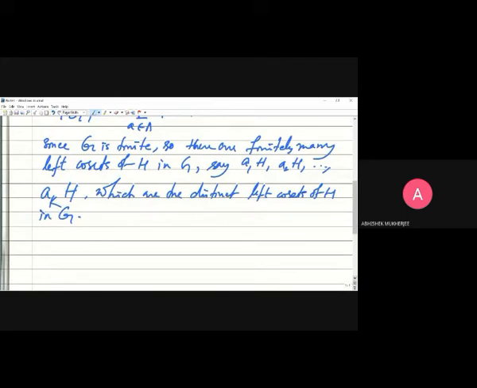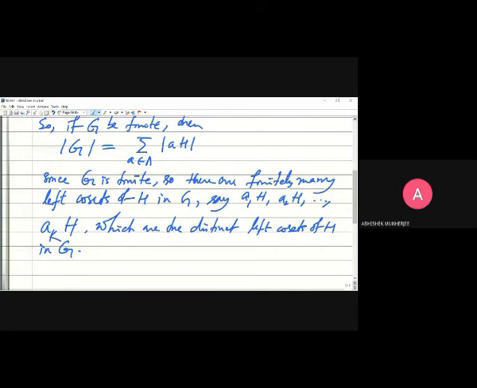So whenever you are considering a group and a subgroup of G, and if the group is finite, then this group can be decomposed as a union of finitely many left cosets of H in G.